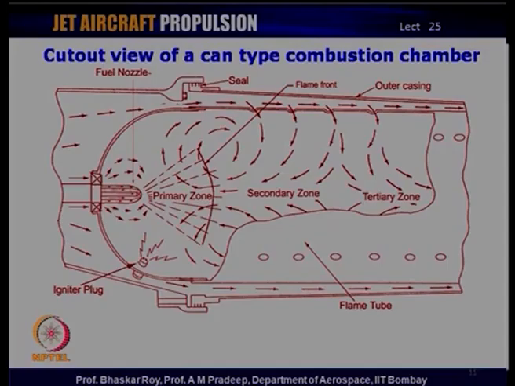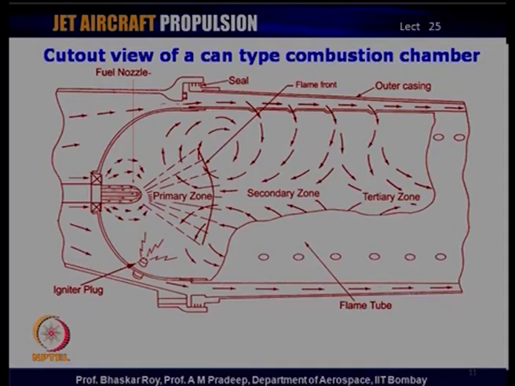So, in the combustion zone, it is necessary to create a uniform gaseous mixture of air and fuel, and this needs to be done artificially through the process of the recirculation zone that is created over here.